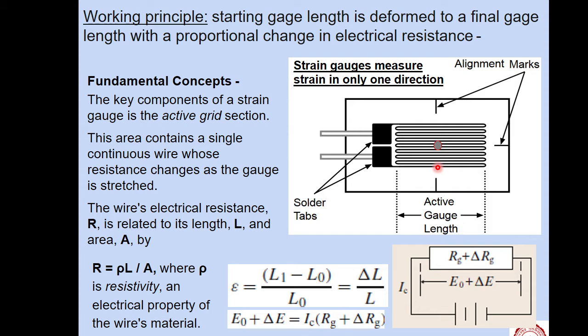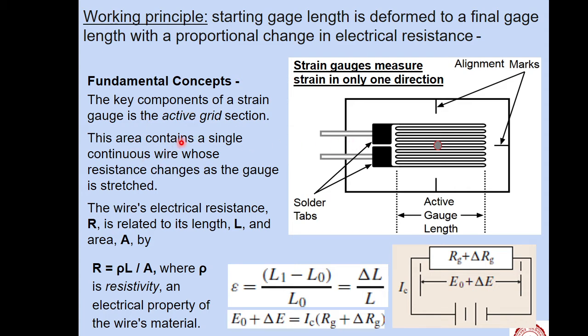Yes, that effect is there. Or if it is in a bidirectional strain field, understand? Then also these wires will suffer some change in resistance. So those things we will discuss afterwards. Right now, let us say that the direction of this wire and the principal strain direction are identical.